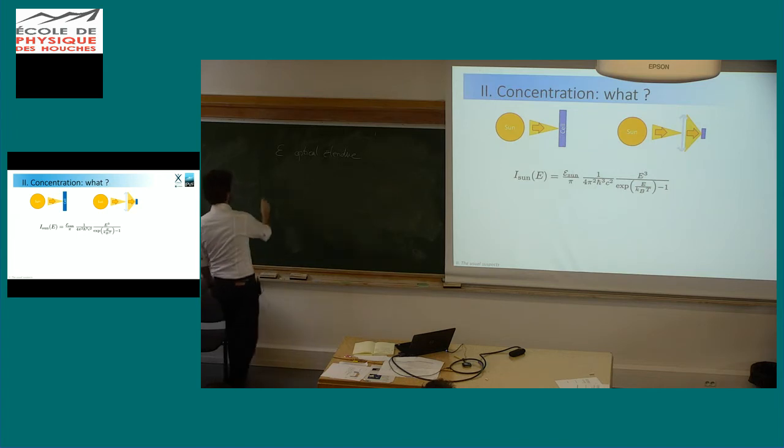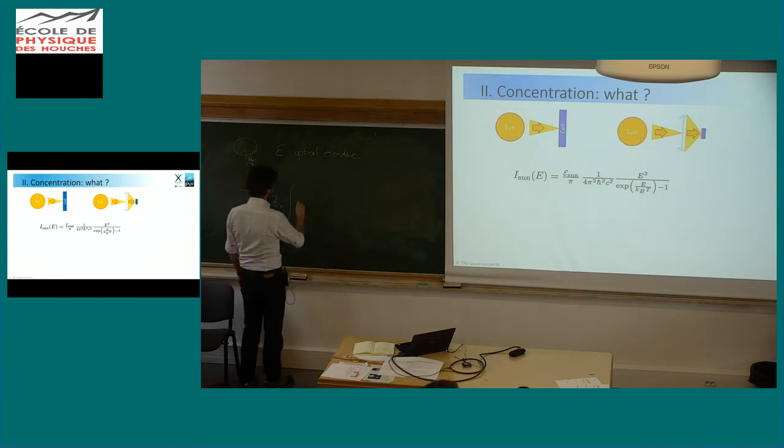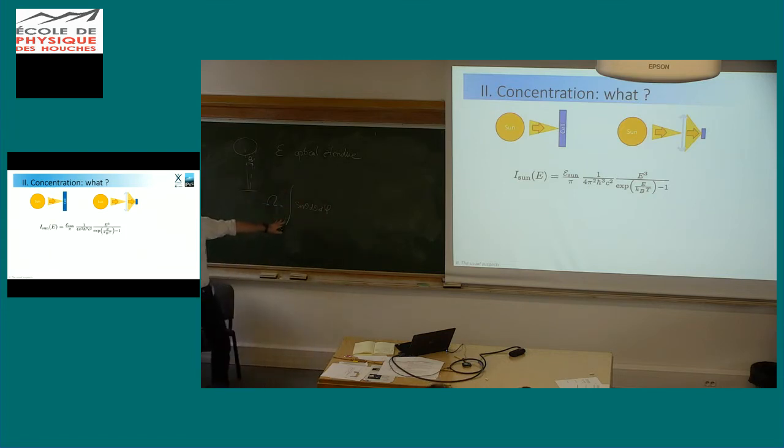The solid angle is defined so: if I have the sun here, I've got the cell here, I say that the sun can be seen under a given angle. The solid angle would be the integral up to this angle of sine theta d theta d phi. Right? That's the usual expression which you know.